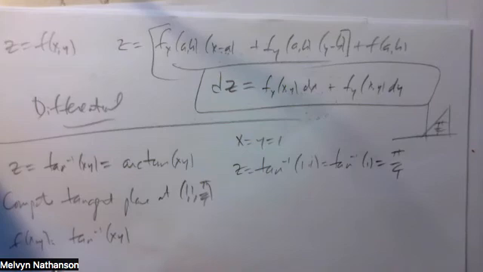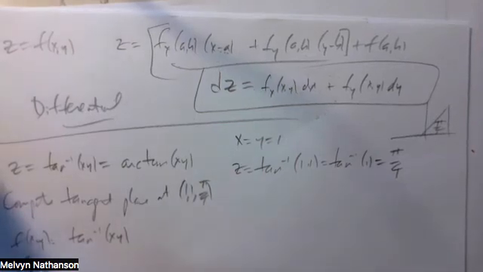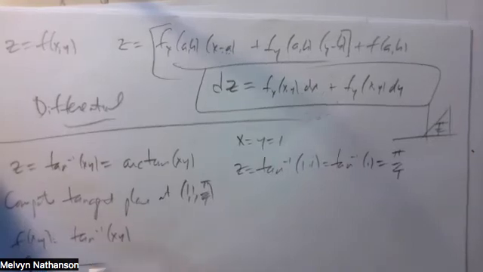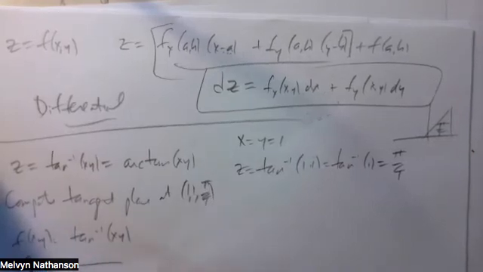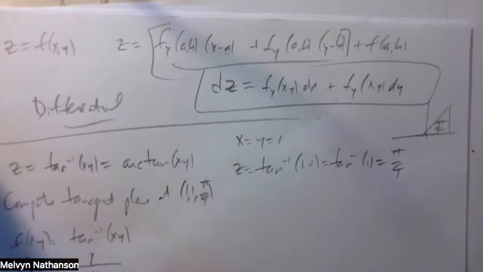What's the derivative of the inverse tangent of x? It's 1 over 1 plus x squared. So the partial of this function with respect to x is 1 over 1 plus x squared y squared times the derivative of this with respect to x, which is y.